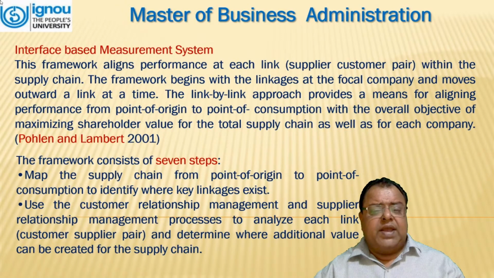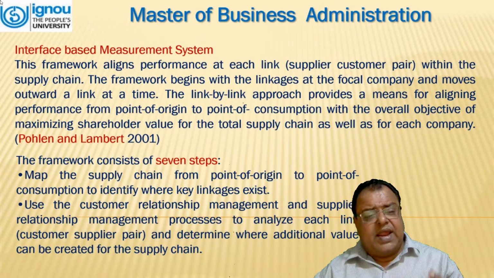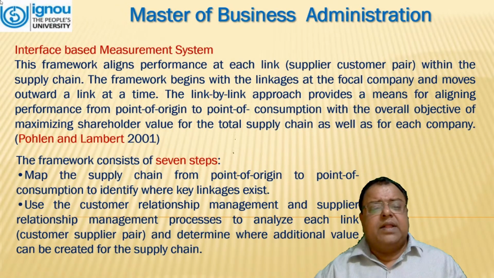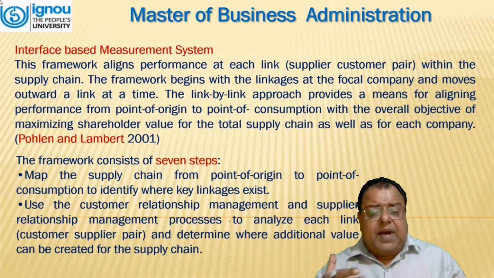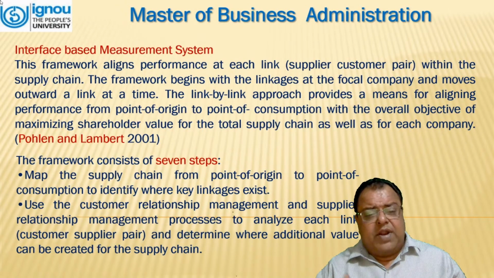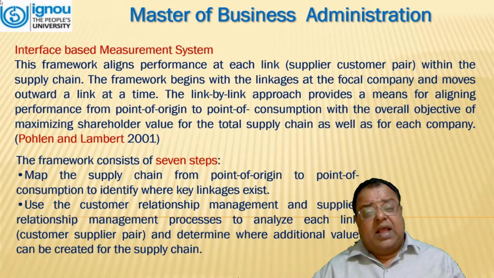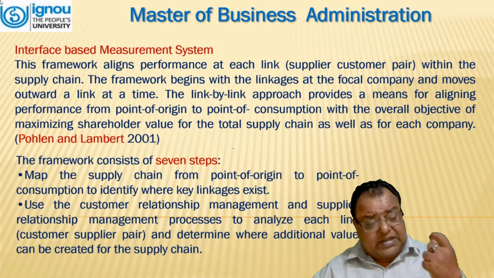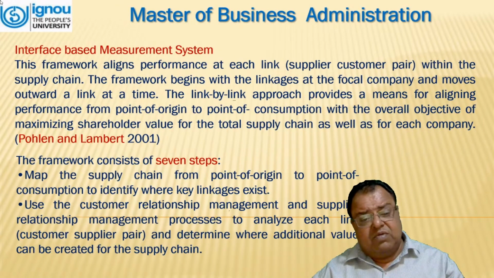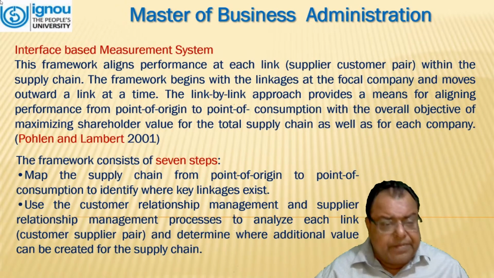The framework begins with the linkage at the focal company and moves outwards a link at a time. The link by link approach provides a means for aligning performance from point of origin to point of consumption, with the overall objective of maximizing stakeholder value for the total sum as well as for each company.